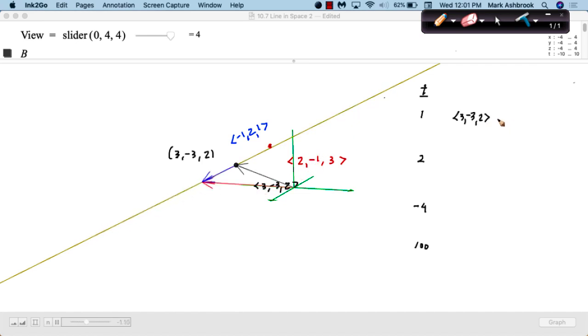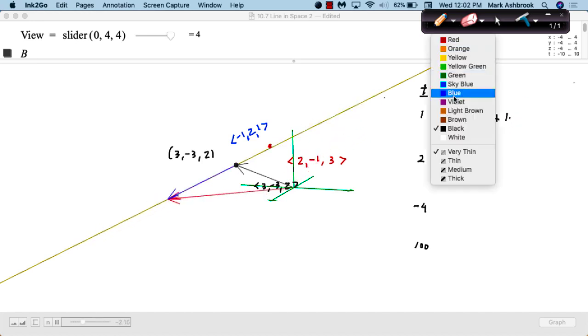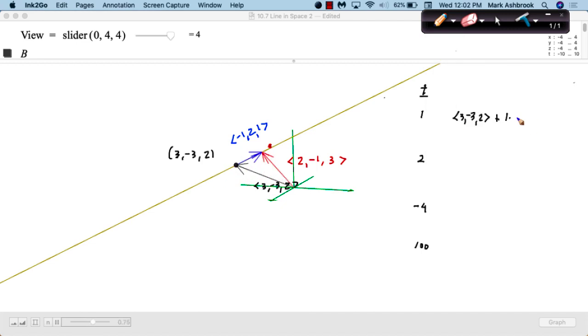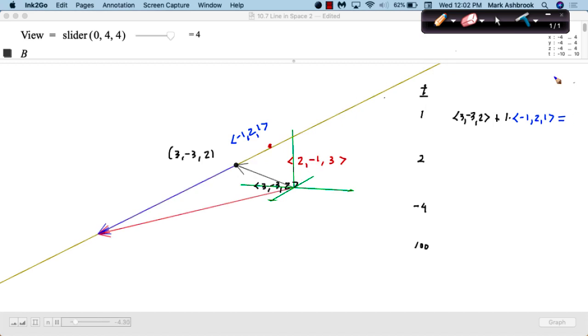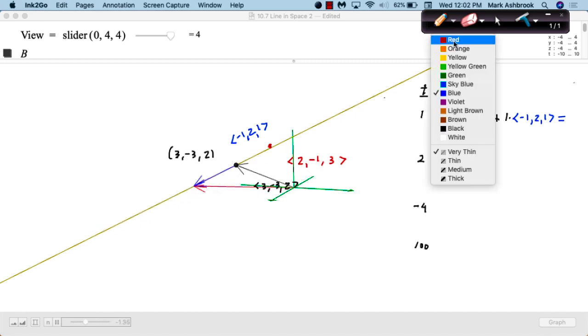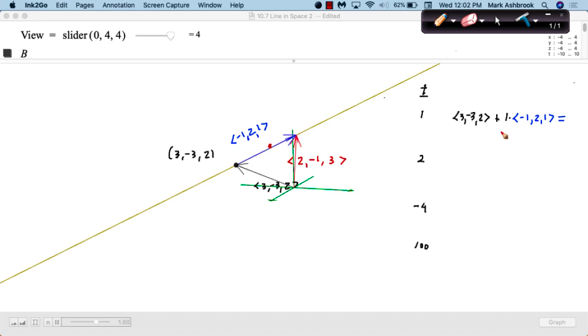And then we add what? 1 times the blue vector, which was -1, 2, 1, to get, that was our 2, -1, 3. See how this works?